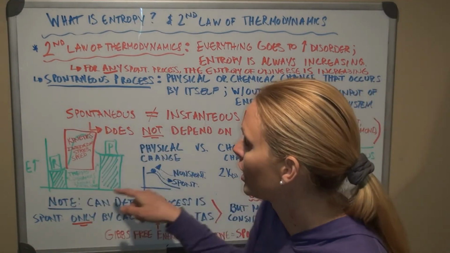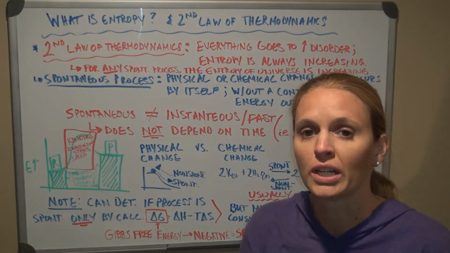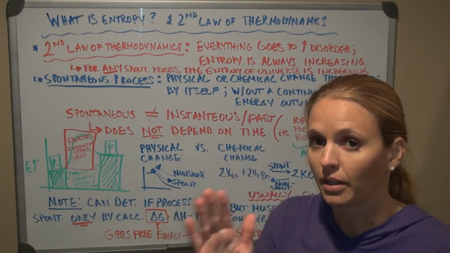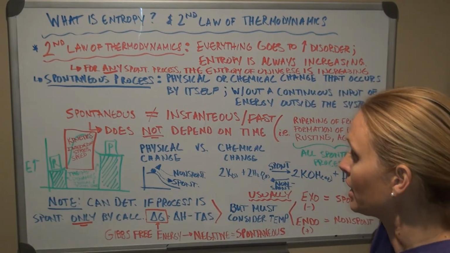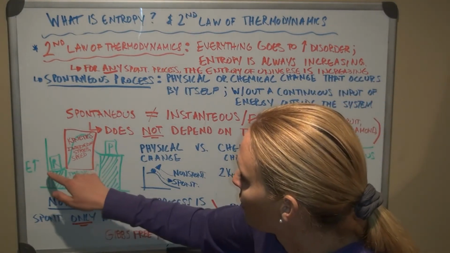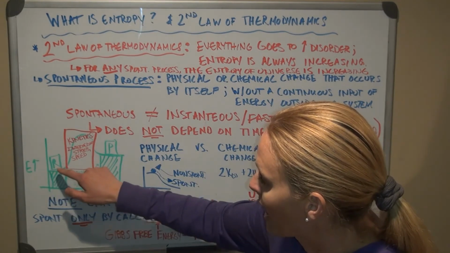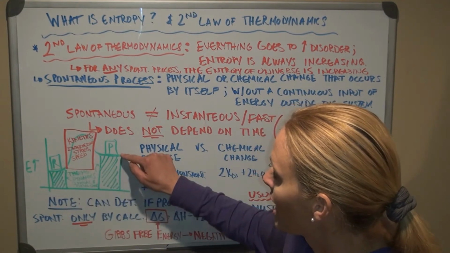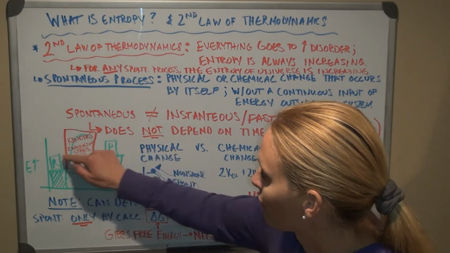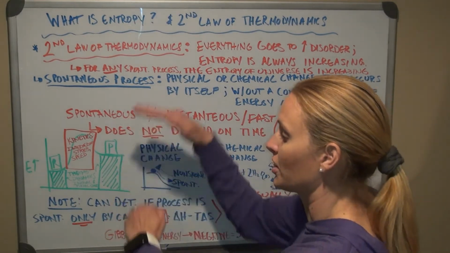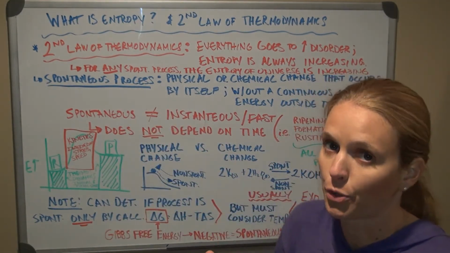So this diagram is kind of a distinction between thermodynamics and kinetics, something that's spontaneous versus something based on speed. If we have our energy reaction diagram here, this is the energy of the reactants, and the energy of the products, the final. So we have the final state minus the initial state. That's just the change in energy. That's thermodynamics.